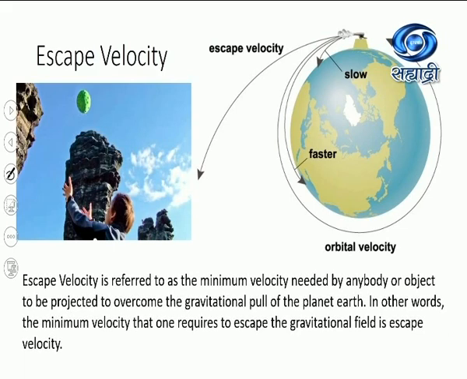So, escape velocity is the minimum velocity needed by any body or object to be projected to overcome the gravitational pull of the planet Earth. In other words, the minimum velocity that one requires to escape the gravitational field is escape velocity.